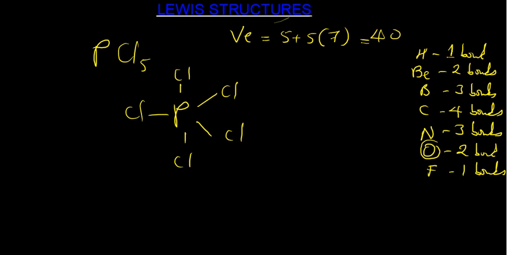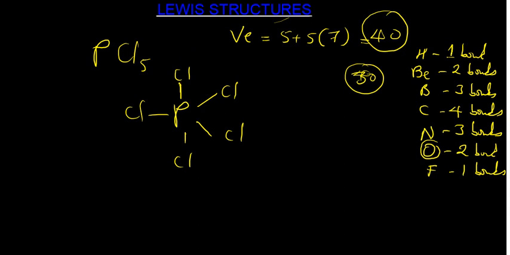Now already these bonds which we can see, there are 5 bonds here. So 5 bonds takes up 10 electrons. So from the 40 we have removed 10 electrons. So the other 30 which have remained, we are going to distribute so that we make sure that these chlorines have got each 8 electrons in the outermost shell. So this chlorine which is here already has 2 from here, so it needs 6 more.